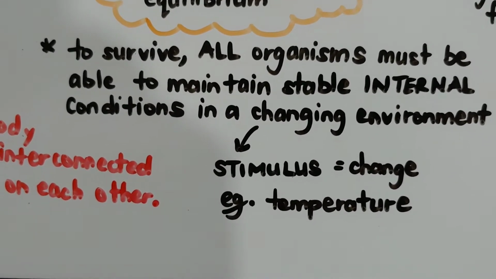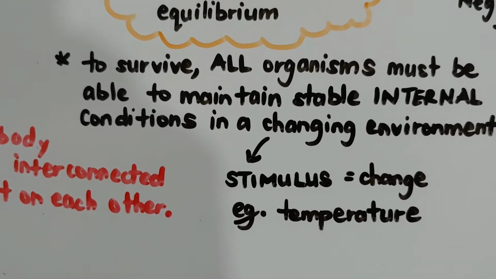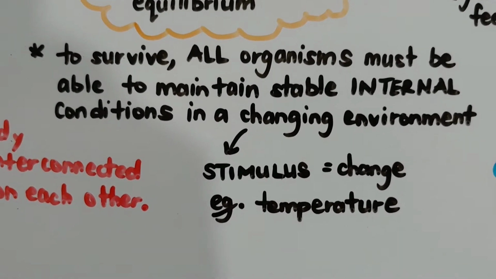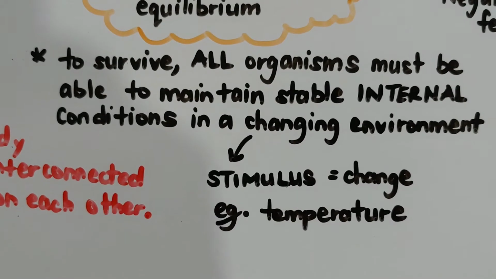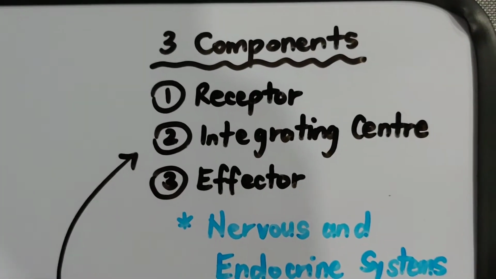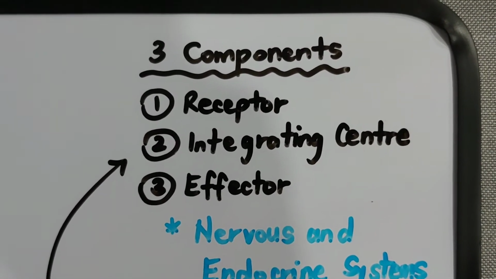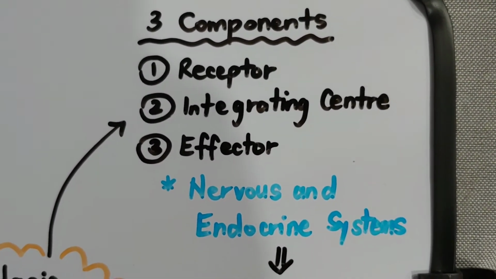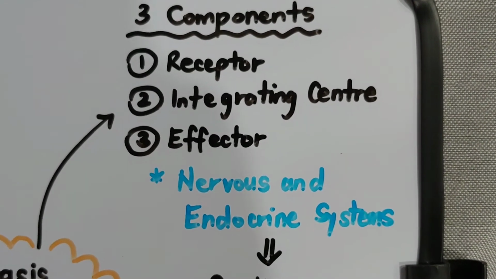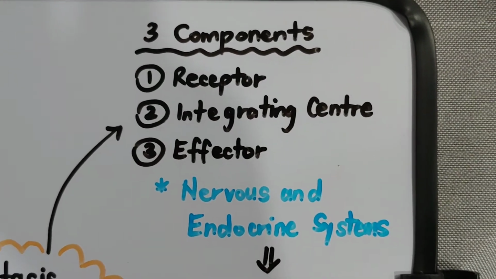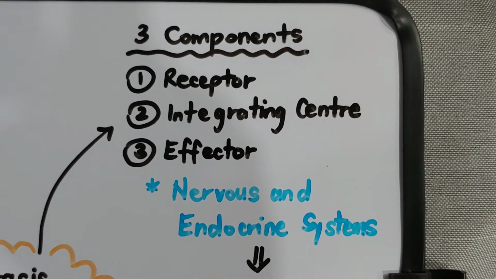Now, in order to maintain control internally, homeostasis requires three components. Those three components are a receptor, an integrating center, and an effector. Now, taking a look through the nervous and endocrine systems, where the nervous system is looking at how the human body reacts to certain stimuli and responses, right?